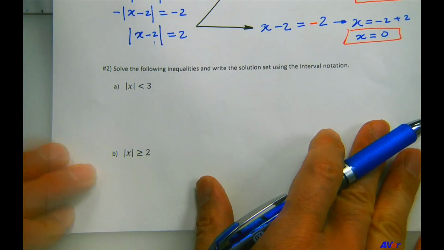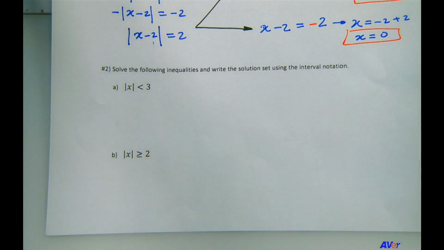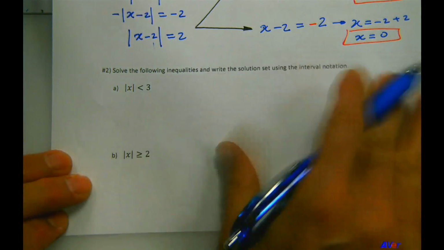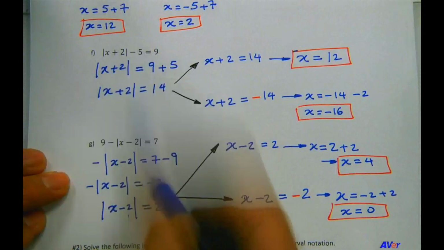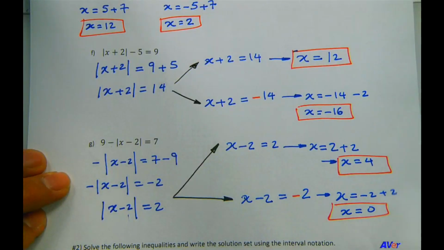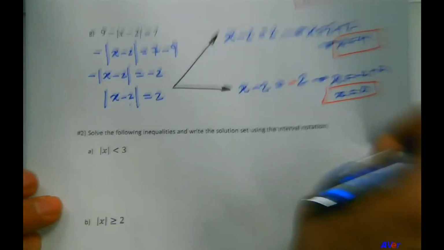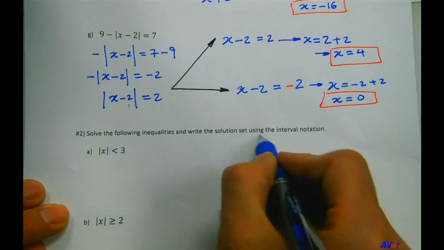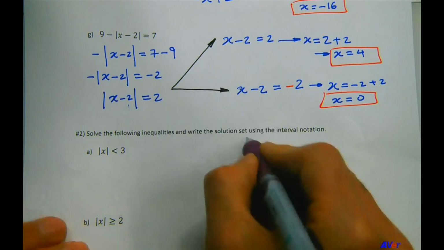It's different, but it's similar at the same time. You'll see in which ways it is different and in which ways it is similar. But let me ask you this. Before, when we were solving absolute value equalities, the question didn't ask for us to put the answer using the interval notation, but here they're asking that.